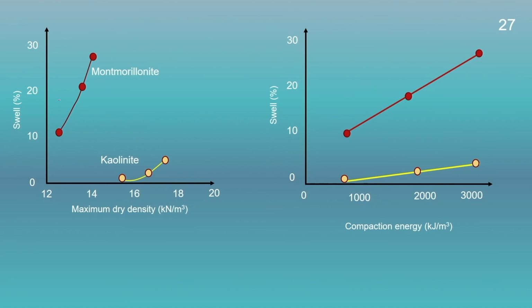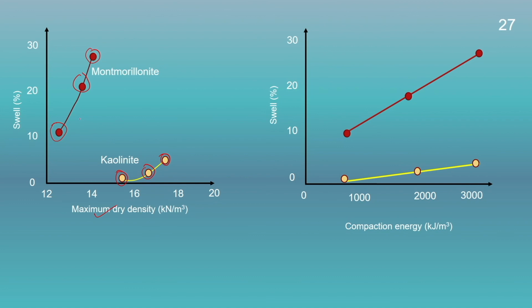Say, if we plot a relationship between the percentage swell and the maximum dry density for these two minerals, we could see that the montmorillonite will exhibit a higher swelling potential in comparison to the kaolinite mineral. The swelling will be highest for montmorillonite in comparison to kaolinite.